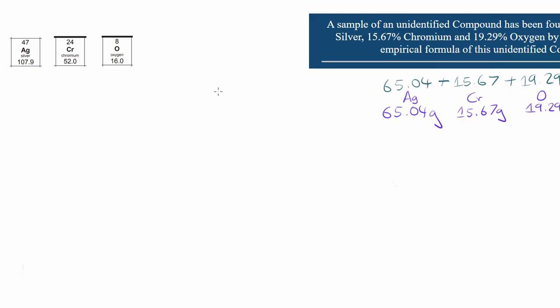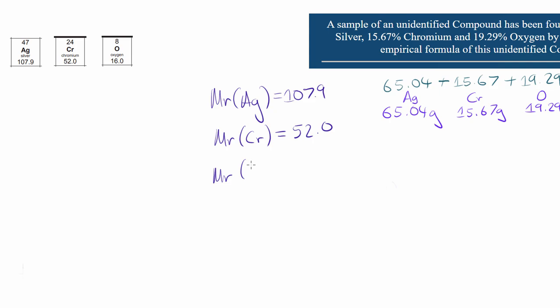The Mr, molar mass, of Ag is equal to 107.9. The Mr of Cr is equal to 52.0, and the Mr of oxygen is equal to 16.0. I've simply got these from the relative atomic masses of the elements in the question.